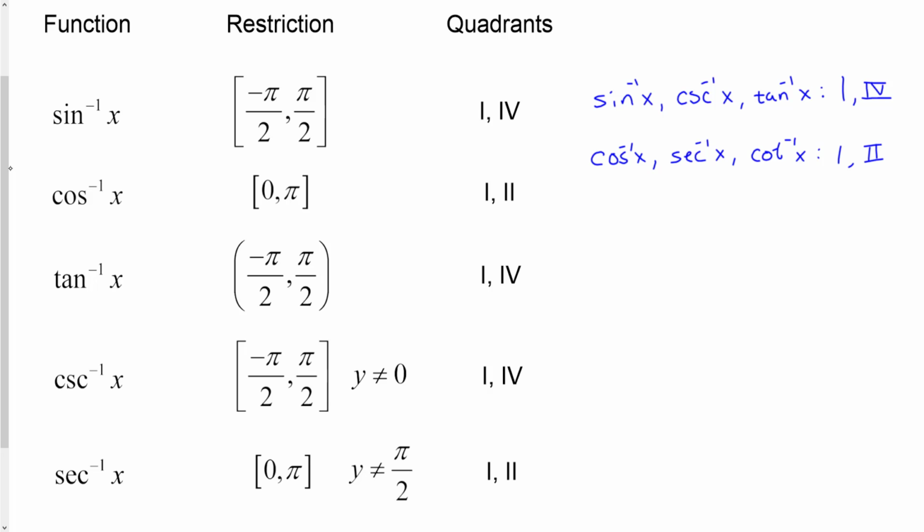Sine is related to cosecant because cosecant is just 1 over sine. Tangent is generally related to sine because sine is in the numerator of tangent. Cosine and secant are obviously related. Cotangent's in this group because it's generally the numerator where the cosine is. So think of them in terms of groups, and that makes it a little bit easier to remember.